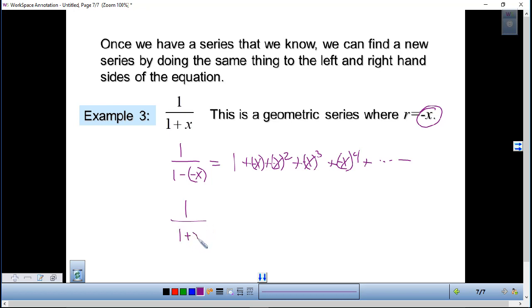So 1 over 1 plus x is going to be nothing more than 1 minus x plus x squared minus x to the third plus x to the fourth minus x to the fifth. And it's going to continue on with that pattern once you've got the pattern set. Any of the ones that have odd powers are going to be negative because of this negative right here being raised to an odd power.